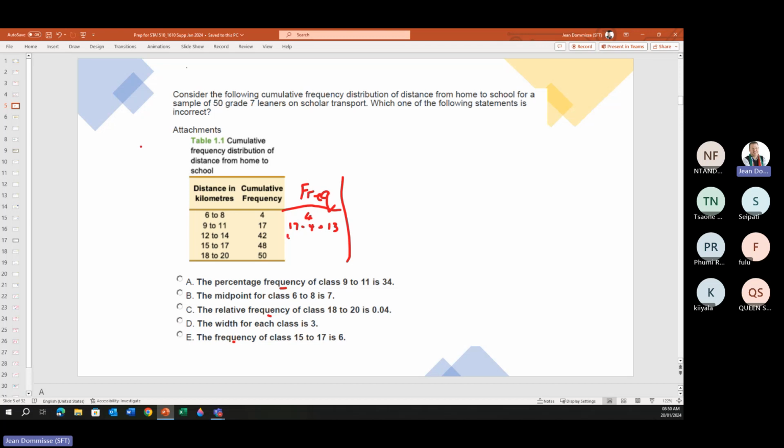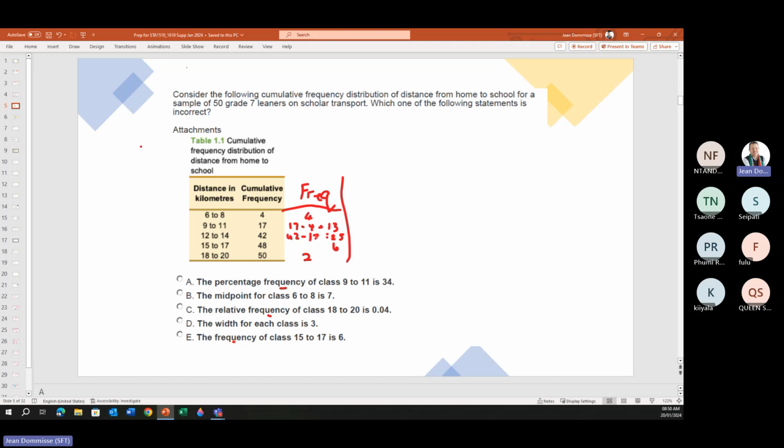The same, 42 minus the previous one, 48 minus the previous one, 50 minus the previous one. Okay, so that gives us the frequency, and then depending on if we need to look at percentage or something else, we can add that. But let's first look at some questions.